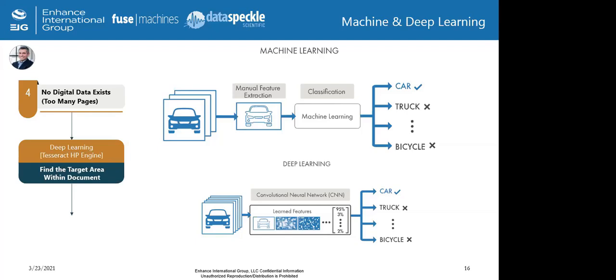So if we look at the first drawing at the top, we have car images. We extract the information manually. We simply feed that information, like the facial features, into a classifier, and that machine learning box is where the actual magic happens, and we determine whether that object is a car, a truck, or so on. In deep learning, we don't have that manual feature extraction part.